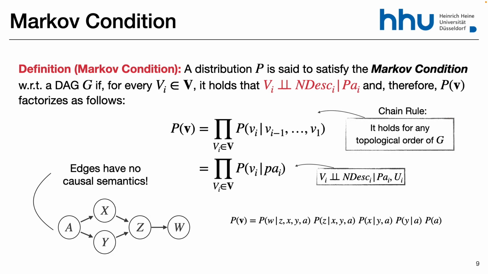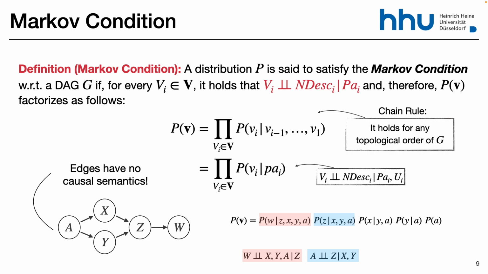I don't know if I put this step by step. So W is independent of everything else, which is X, Y, A, given the parent, which is Z. The other one is Z, and if you go to the graph, you see that the only parents are X and Y, and the variable that is before is just A. So Z is going to be independent of A given X and Y. That's what I'm going to write here.